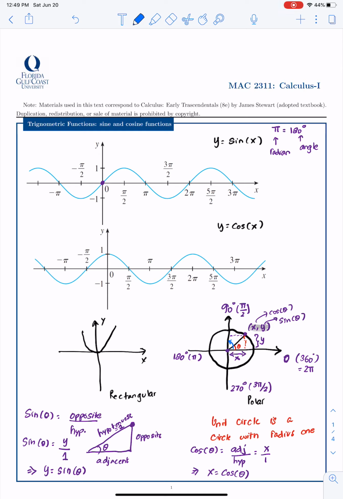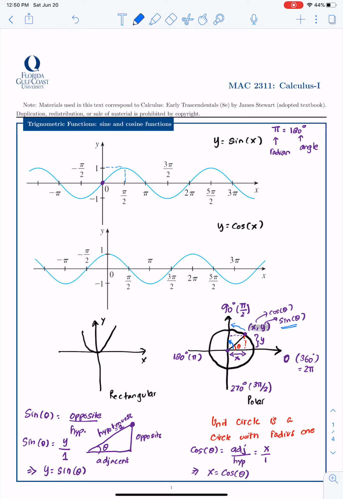We're looking at the value of y because we have made the connection that y is equal to sine theta. So as I move from theta equals 0 to theta equals pi over 2, which is 90 degrees, what is the value of y? When that particular line moves right over here, that length ends up being 1. So at pi over 2, we have a value of 1.